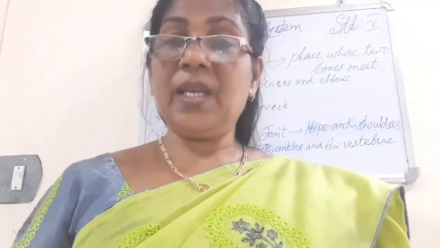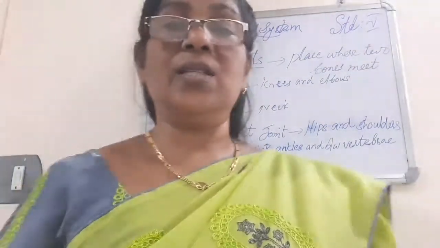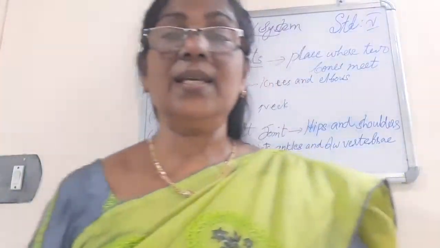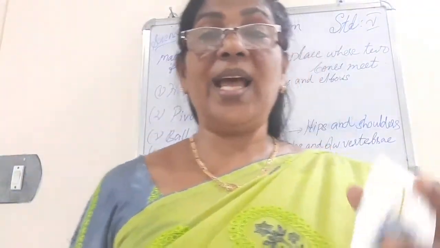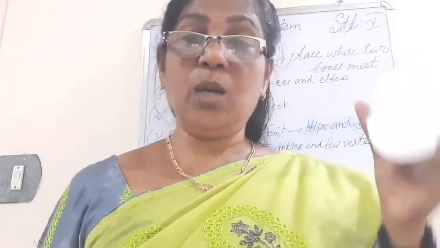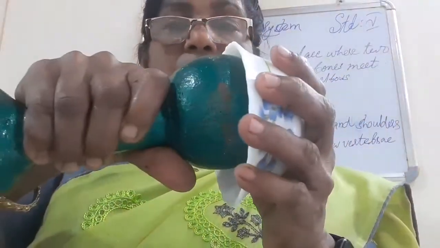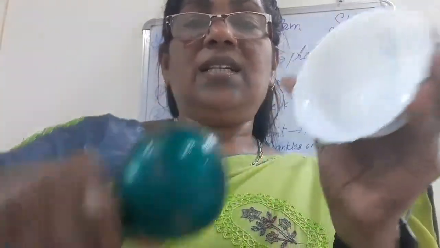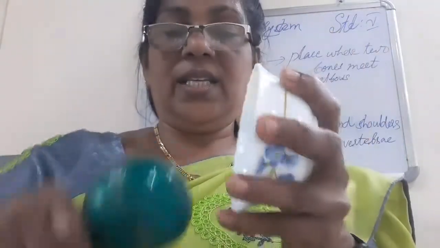Okay, so let us see how a ball and socket joint works. The shoulder bone has a depression just like a saucer. And the long bone, humerus or femur, has a rounded end just like this. So let's see how the ball rotates in a socket. This saucer acts as a socket.